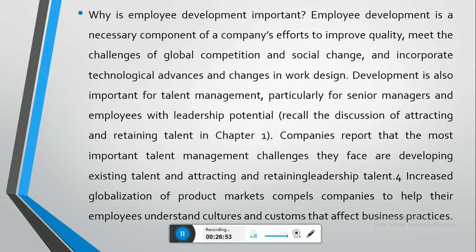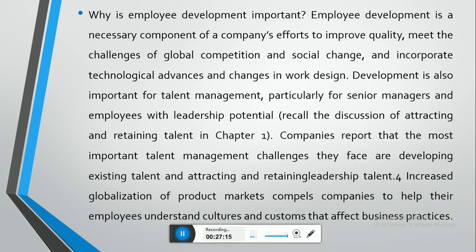Development is also important for talent management, particularly for senior managers and employees with leadership potential. Recall the discussion of attracting and retaining talent in chapter 1. We discussed why we need to attract top talent to our management, and why we need to retain them in the organization.